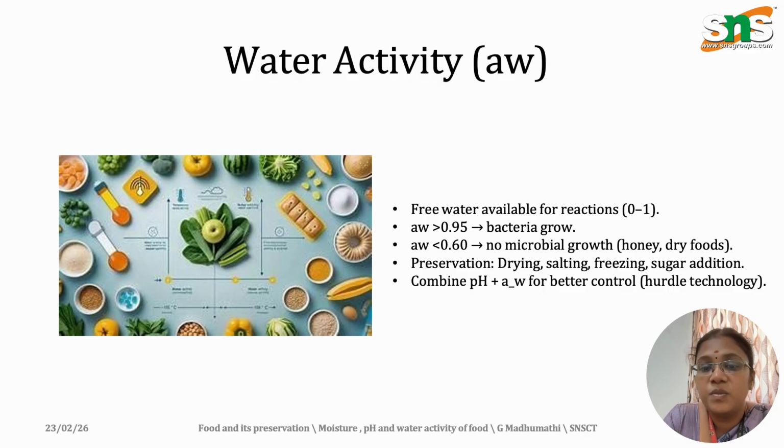It should be kept low so that no bacterial growth may occur. Preservation techniques used for controlling the water activity are drying, salting, freezing and the addition of sugar, which we call preservation by sugar.